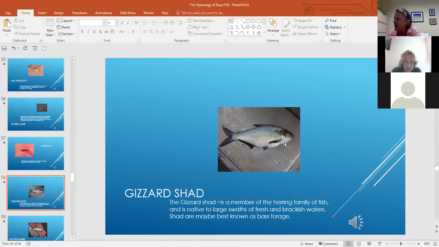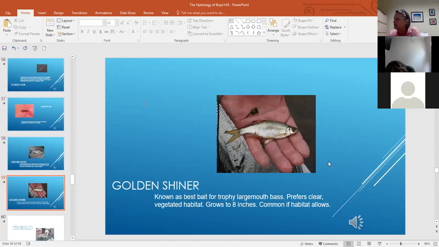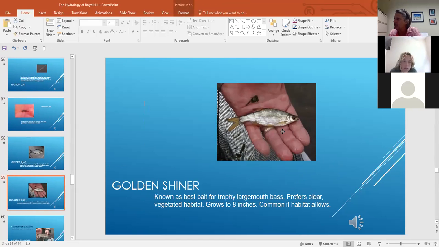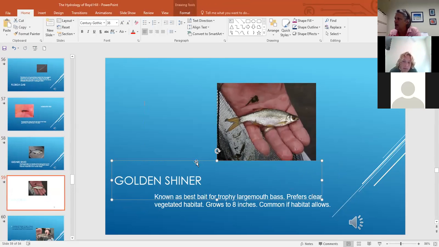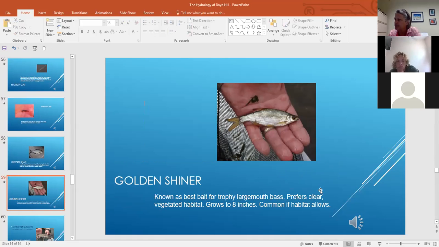Here's the gizzard shad. They actually have extra chambers in their digestive system called the gizzard. The shiners here are world-class bass fishing bait, very expensive.